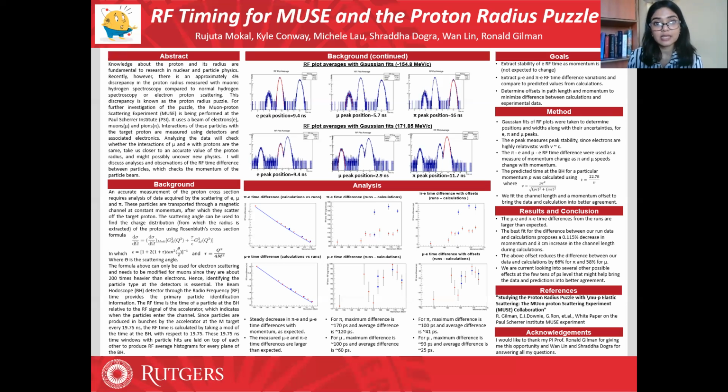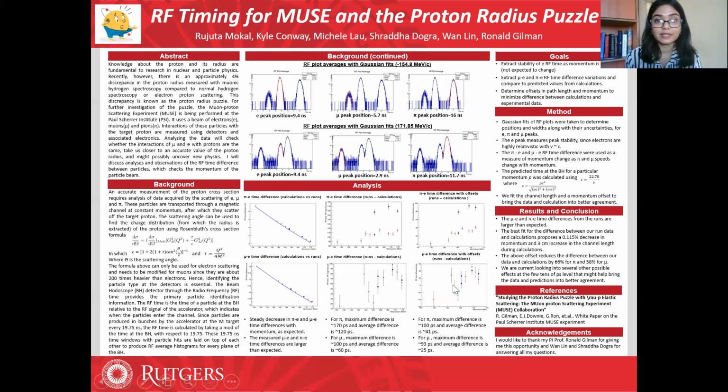After understanding these differences, my third goal was to propose offsets in our calculations, which would help minimize these differences between our data and our calculations. The offsets that I proposed were a 0.115% decrease in the momentum and a 3 centimeter increase in the path length while estimating our values.